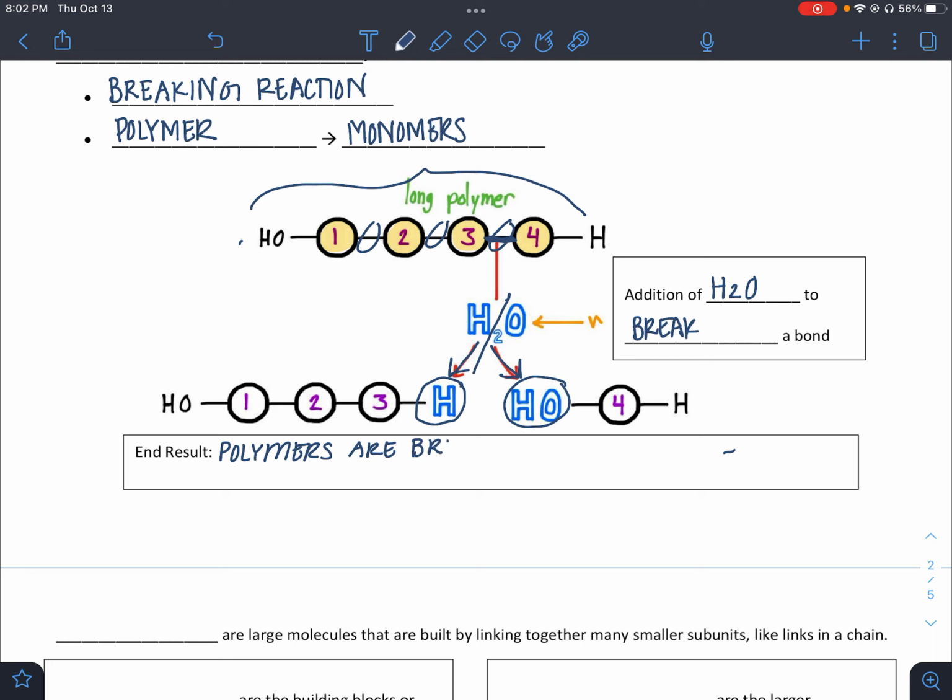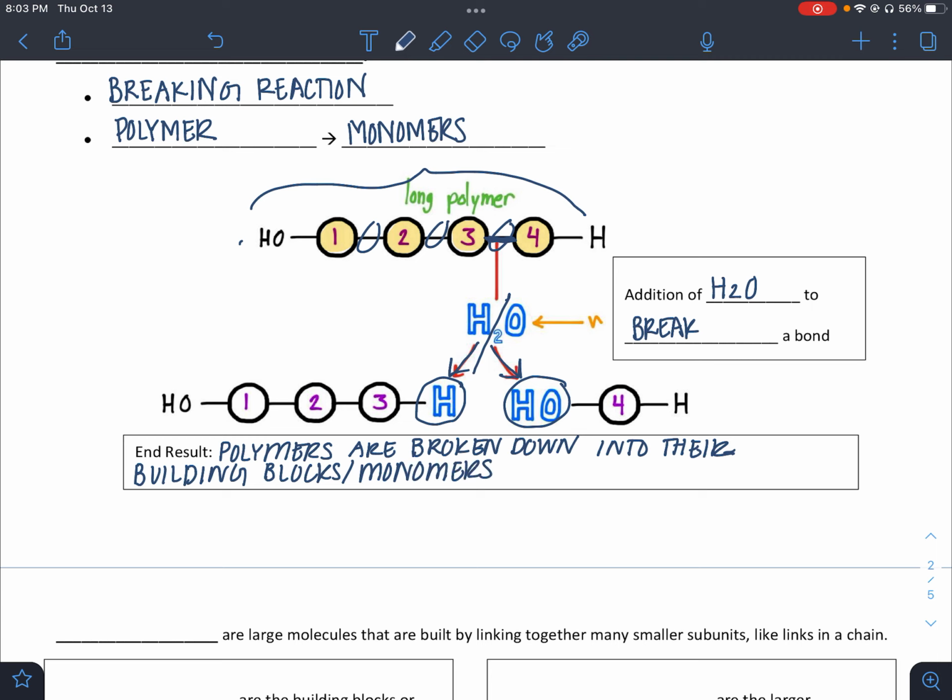So polymers are broken down into their building blocks, their subunits, their monomers, okay? So I'm just going to say building blocks, or we can call those monomers, okay?